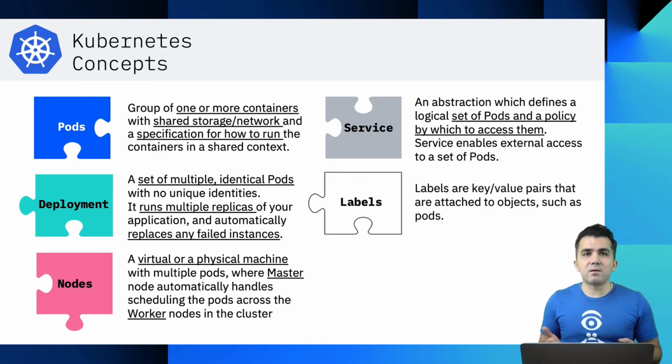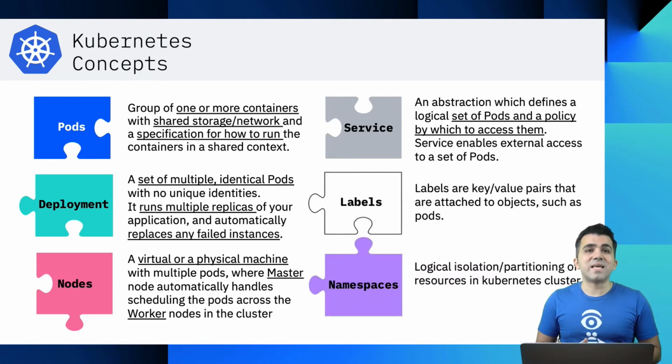Labels are literally labels in the form of key-value pairs that you can attach to your resources to locate them for running actions on them or getting information about them. And then finally, namespaces. You can think of namespaces as a virtual cluster inside your Kubernetes cluster.